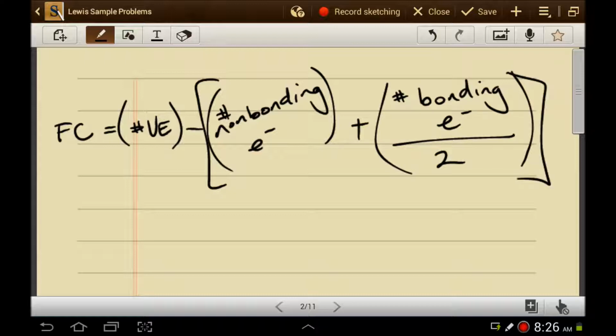So an atom feels like it owns each of its non-bonding electrons plus half of the electrons involved in bonding. And it should have its number of valence electrons. This looks really complicated. It's actually not complicated at all.